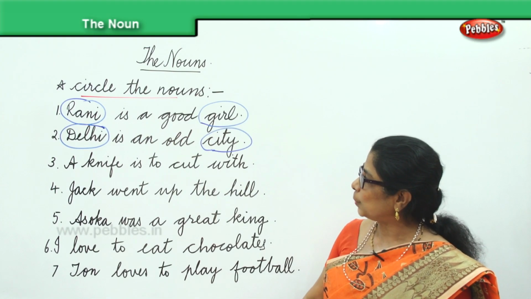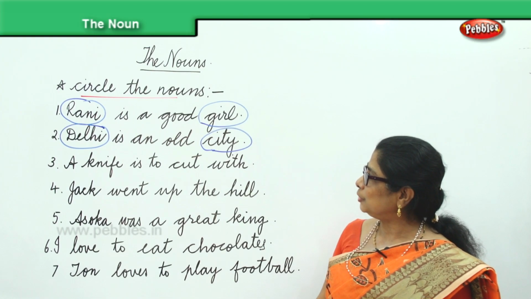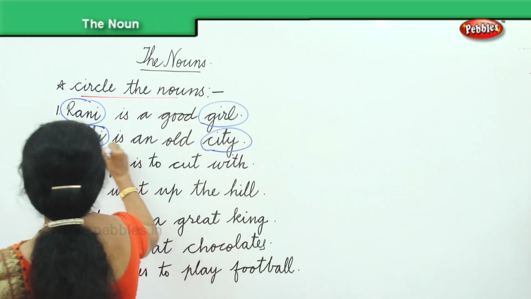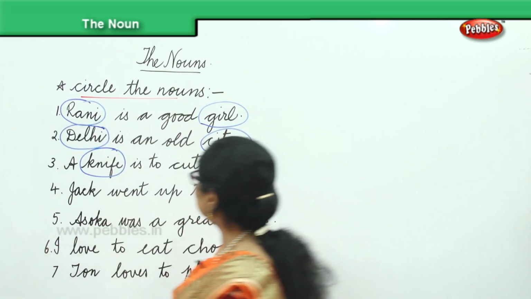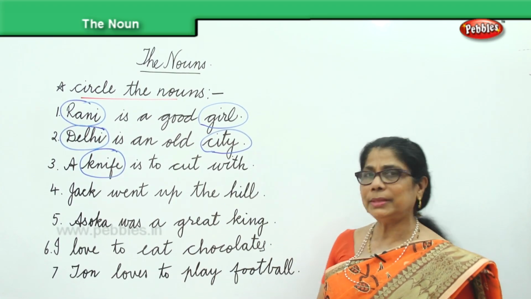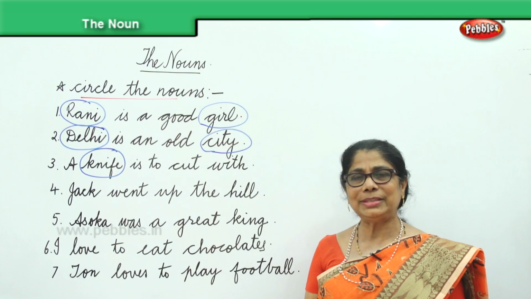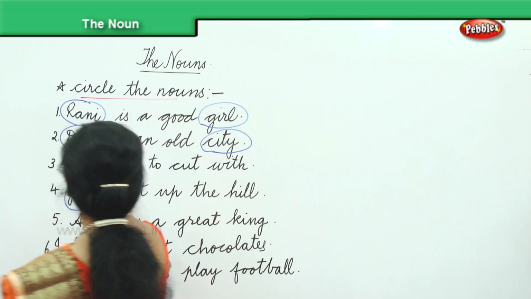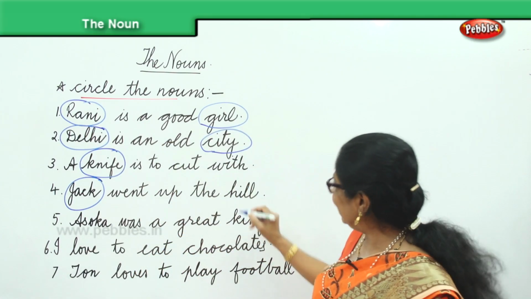In the third sentence we have a knife is to cut with. Yes, knife is a noun. That's all. Jack went up the hill. What's the noun there? Yes, very good. Jack is a noun. What else? Hill is a noun.